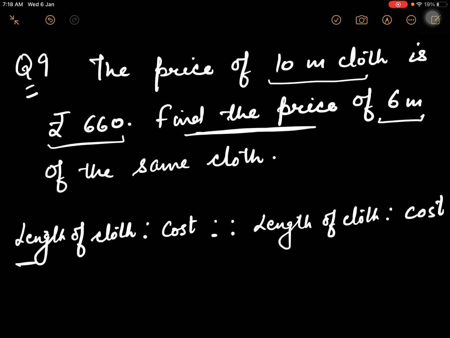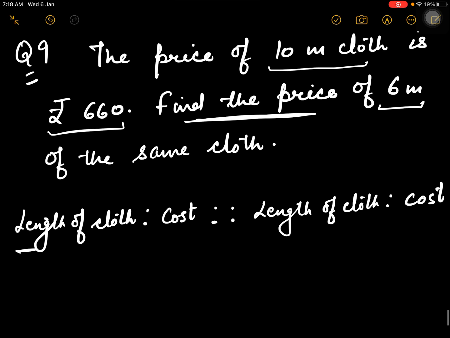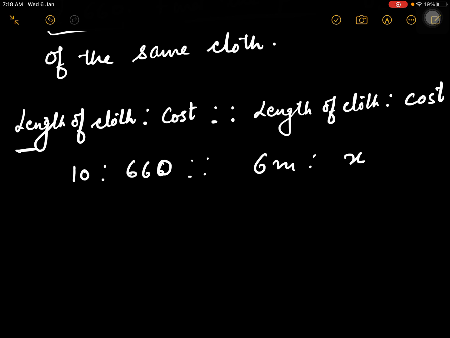In the first statement the length of cloth is 10 meter and its cost is rupees 660, and it is proportionate to length of cloth 6 meter and its cost we have to find, so let it be x rupees.